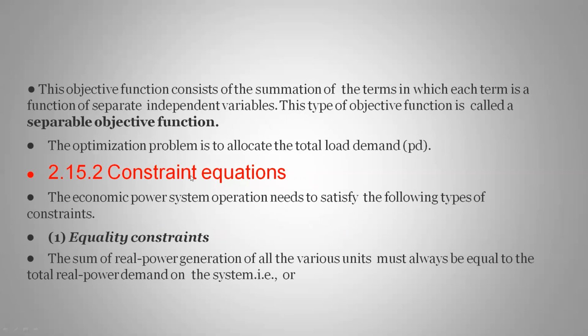There are two types of constraints. The economic power system operation needs to satisfy the following types of constraints. So for the constraint equations, there are two types. The first one is equality constraints. The second one is inequality constraints.